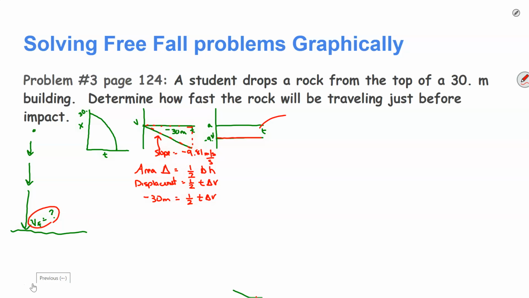The area under an acceleration versus time graph represents the change in v. So this area right here represents the change in v, but I still don't have the time. I need to be able to get the time.